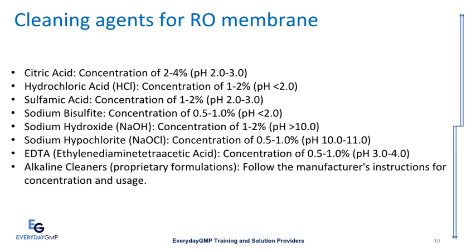Sodium hydroxide, NaOH: concentration of 1 to 2%, pH greater than 10.0. Sodium hypochlorite, NaOCl: concentration of 0.5 to 1.0%, pH 10.0 to 11.0. EDTA, ethylenediaminetetraacetic acid: concentration of 0.5 to 1.0%, pH 3.0 to 4.0. Alkaline cleaners, proprietary formulations: follow the manufacturer's instructions for concentration and usage.